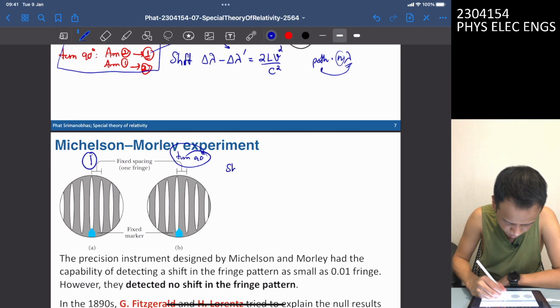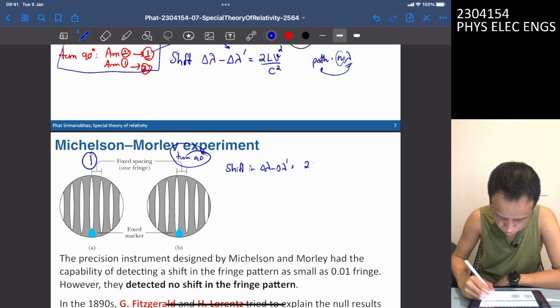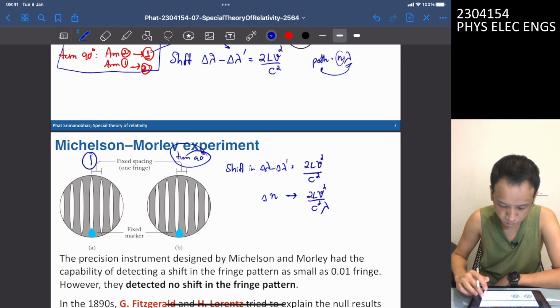So the shift is delta lambda minus delta lambda prime equal to 2LV squared divided by C squared. And then the shift in n is 2LV squared over C squared lambda.